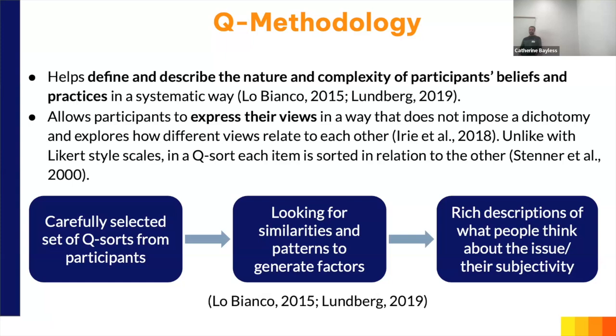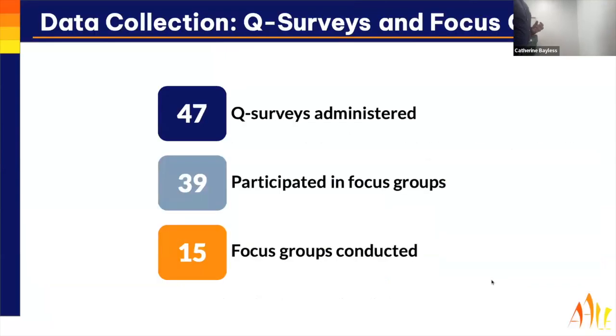And the participants then had to sort those into what we call Q grids for us to then look at similarities and patterns to then carve out those factors that are differentiating, for us to then understand their beliefs about these contentious topics. So in doing all of this, we were able to gather 47 Q surveys that were completed.